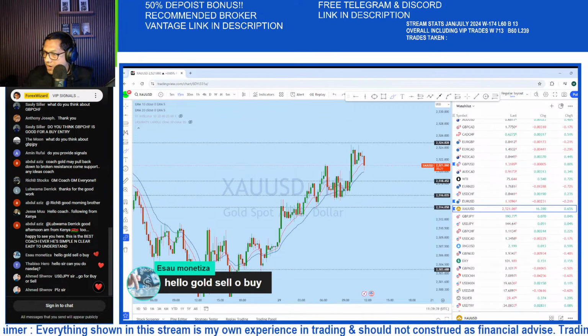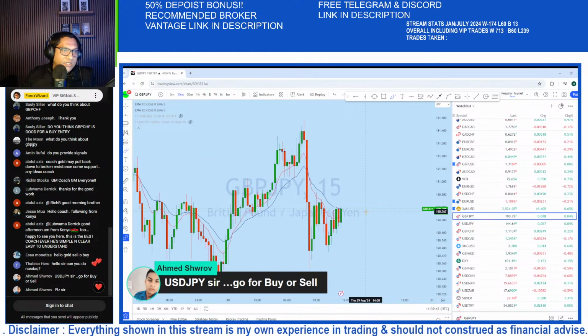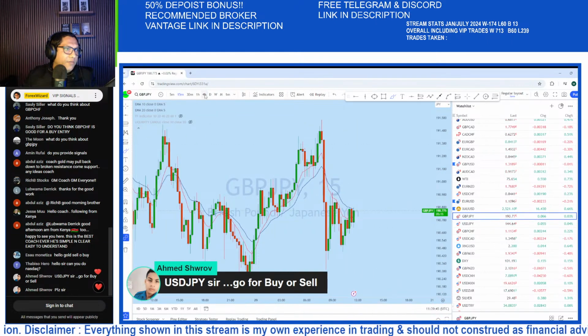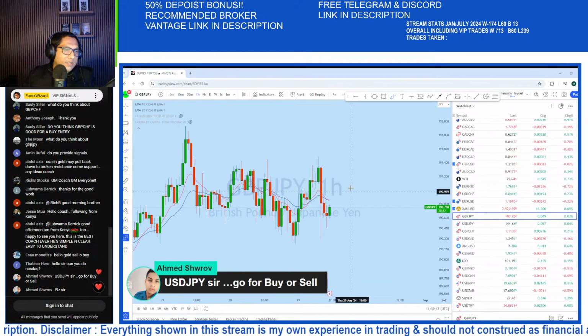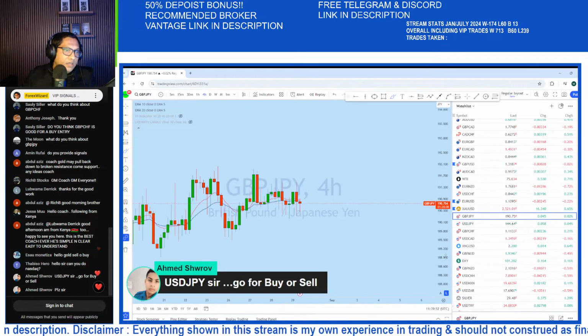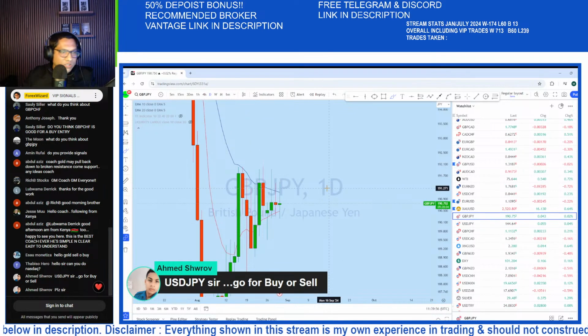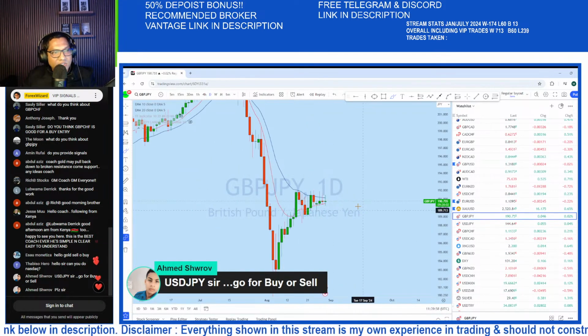Dollar yen, go for buy or sell? Yeah, and you can see GBP JPY. If you look at here, we saw there was a drop, but this market's long-term picture is choppy. If you look at the daily on GJ, you can see quite a few daily dojis, but we might see a breakout.